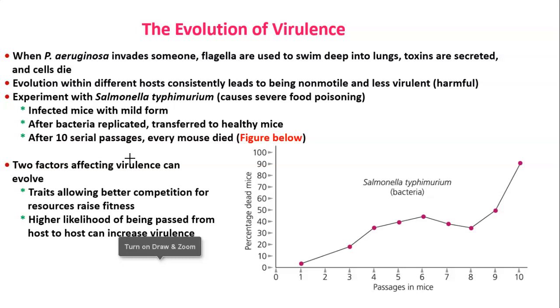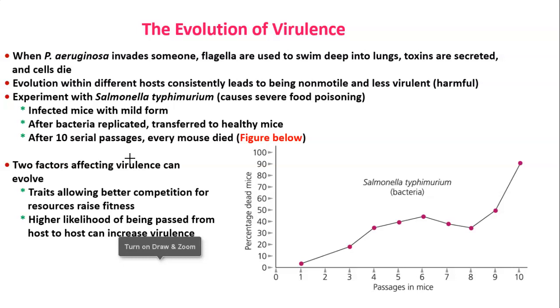So there are two primary factors affecting virulence that can evolve, and that's what's going on here with the salmonella. First, traits can allow better competition for resources that raise fitness, and those traits are going to be favored by natural selection. In this case, traits that allow Salmonella Typhimurium to compete better for resources.